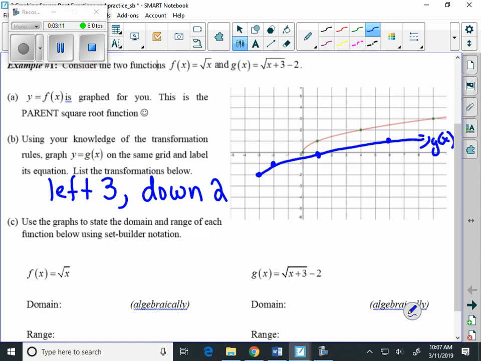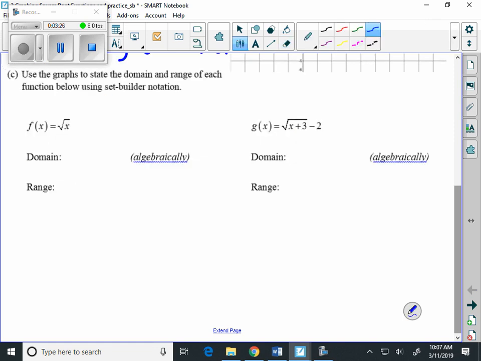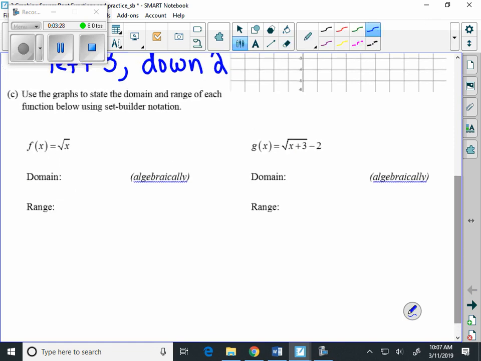What we also want to do is figure out what's the domain of this function and what's the range of this function. Down here in part C it says, find the domain algebraically. To find the domain algebraically, we take the value underneath the radical and set it greater than or equal to 0.